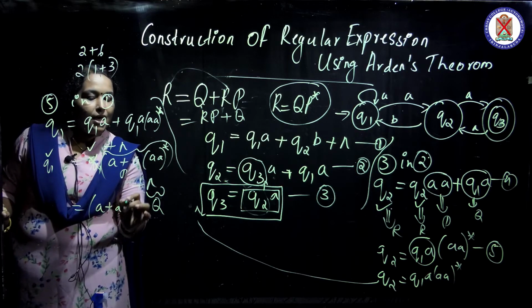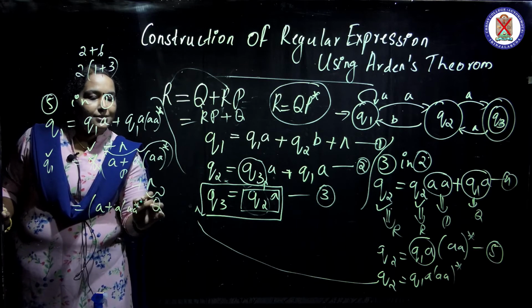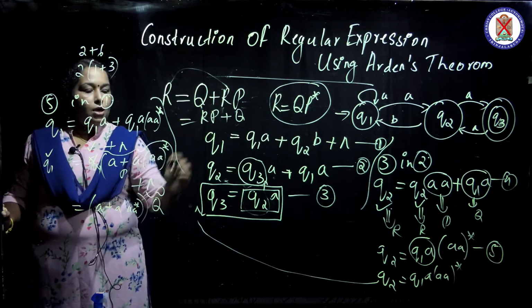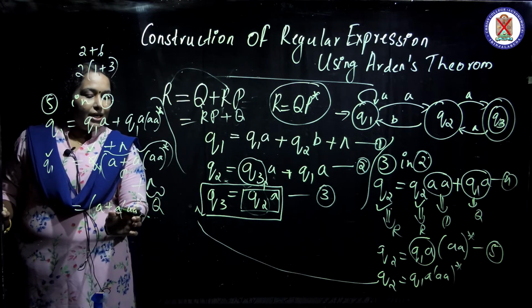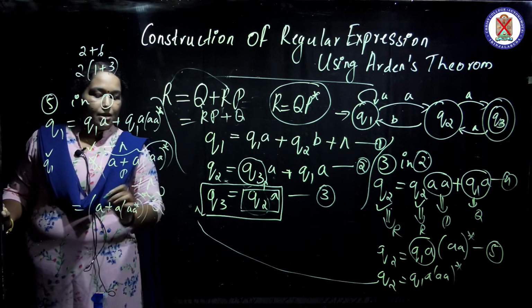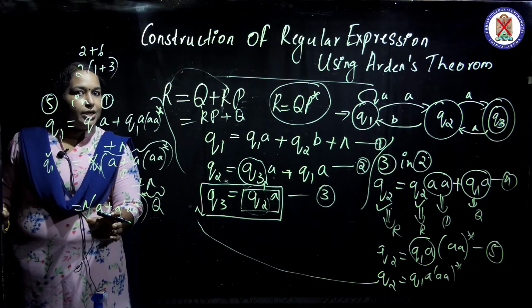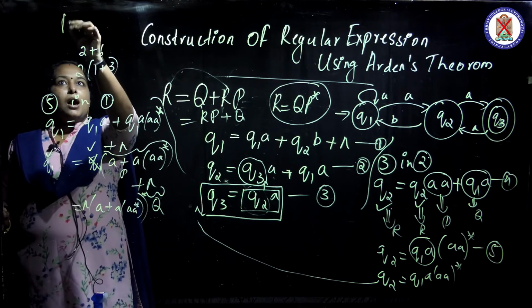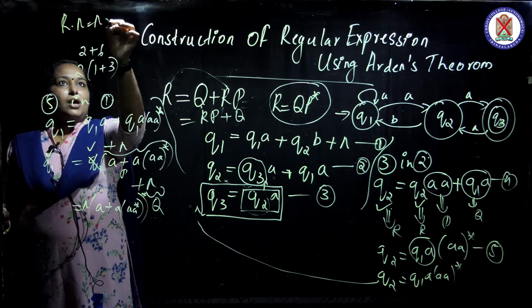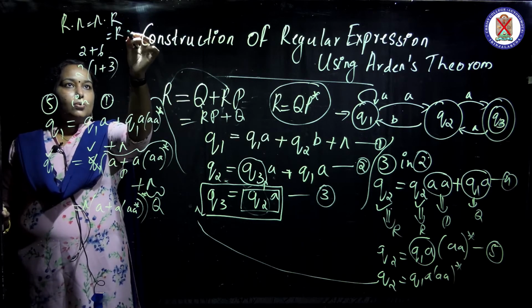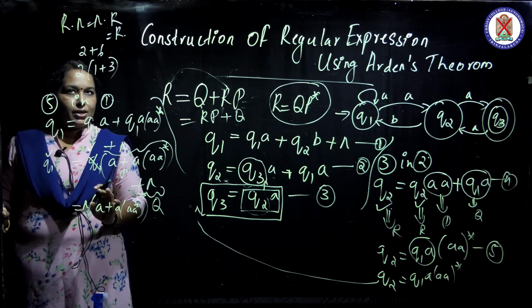So what will it become? A plus A into A star, whole star, because Q is epsilon. We have already studied in regular expressions that R dot epsilon is equal to epsilon dot R is equal to R. R means regular expression.